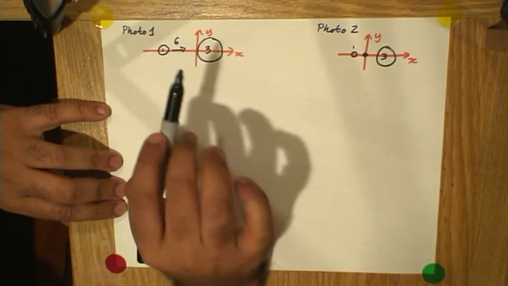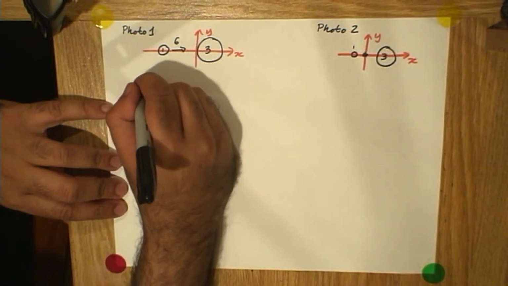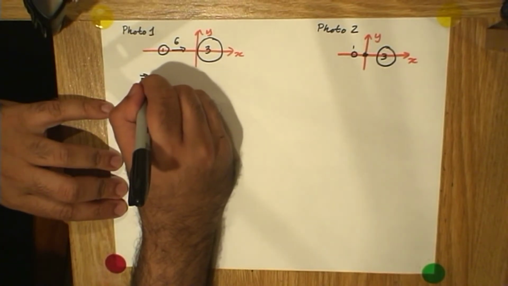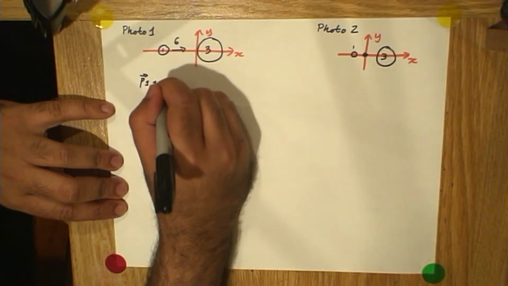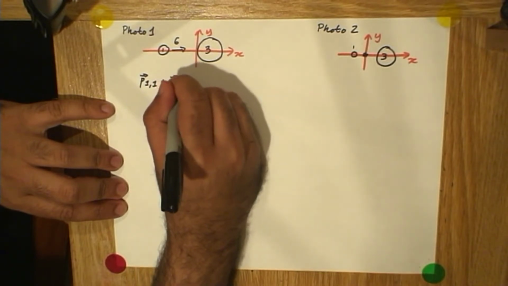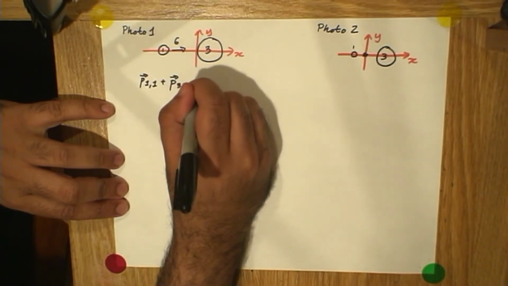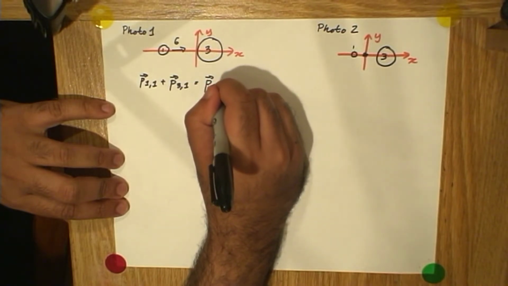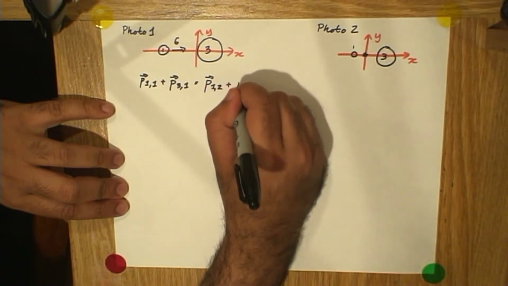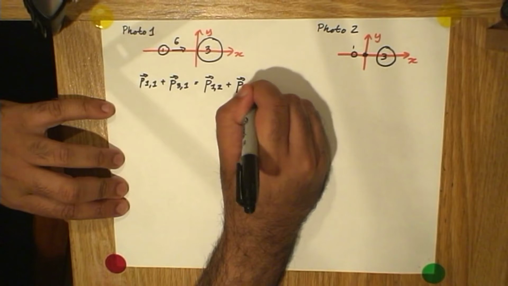So applied specifically to this case, the momentum of the 1 kilogram ball in photo 1 plus the momentum of the 3 kilogram ball in photo 1 is equal to the momentum of the 1 kilogram ball in photo 2 plus the momentum of the 3 kilogram ball in photo 2.